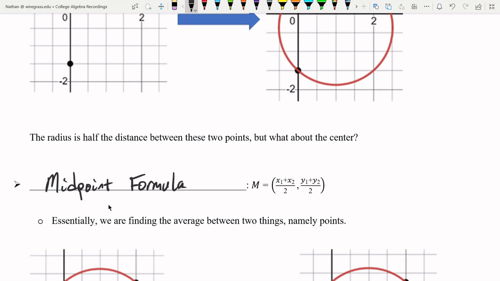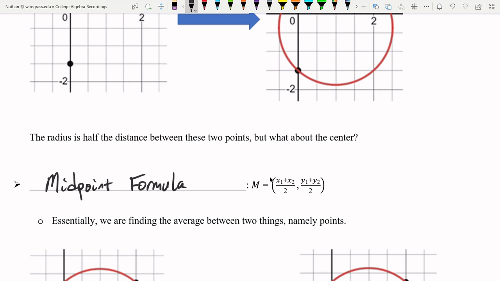The midpoint formula finds the averages between 2 points. So if you're going to find an average between any 2 numbers, you add up the numbers and then you divide by how many numbers you have. So in this case, there's going to be 2 of them. If you have the average between 3 numbers, you add all 3 and then divide by 3. Add 4 numbers up, divide by 4.